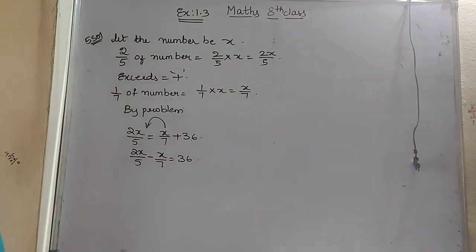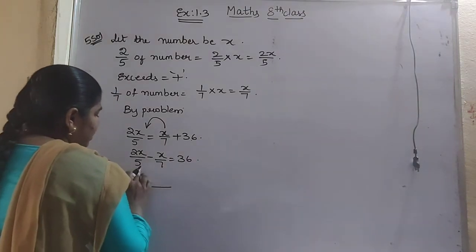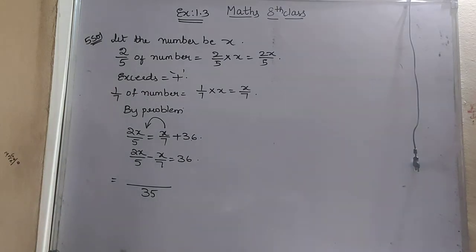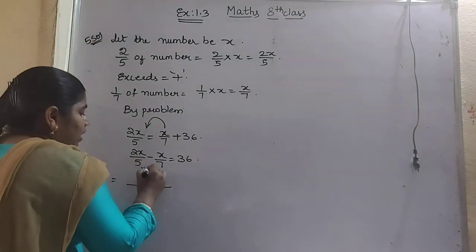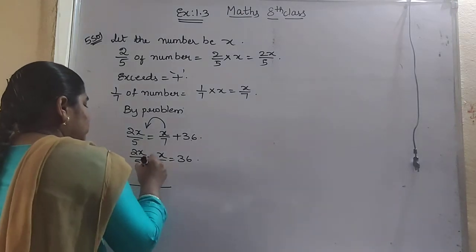Okay, now we have to take the LCM of 5 and 7. So what is the LCM of 5 and 7? The LCM of 5 and 7 will be 35. For 5, how much will you multiply to get 35? That is 7 times, so into 7.